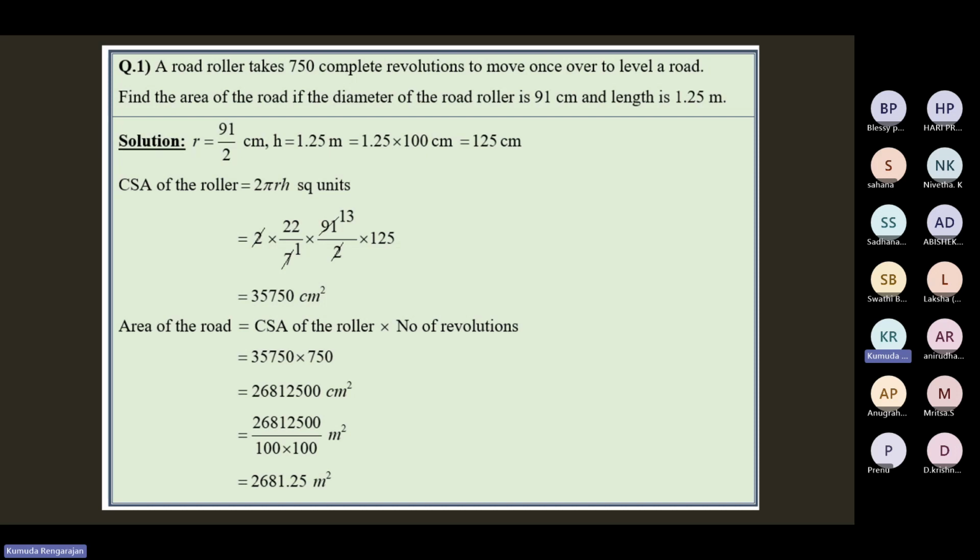Because when something which is cylindrical moves on a surface, only the curved surface area will come in contact with the ground or the road. Only the curved surface area will roll over the road.